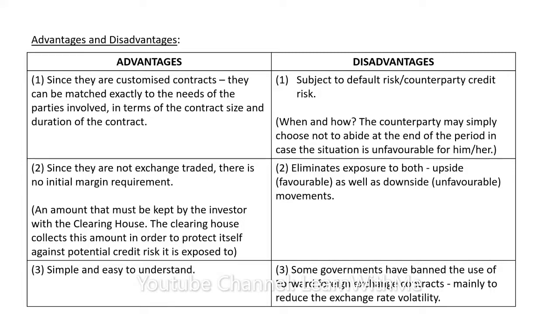So in such cases, it is obviously not possible to use forward contracts, and companies in such countries then usually are more inclined towards the other forms of foreign exchange hedging instruments, maybe futures, options, money markets, etc.